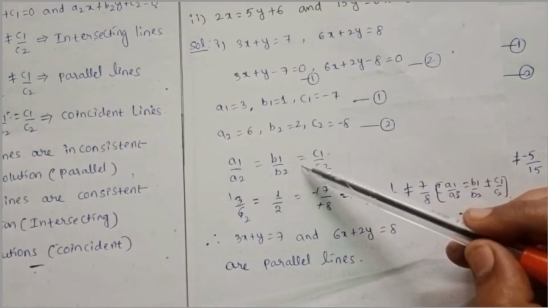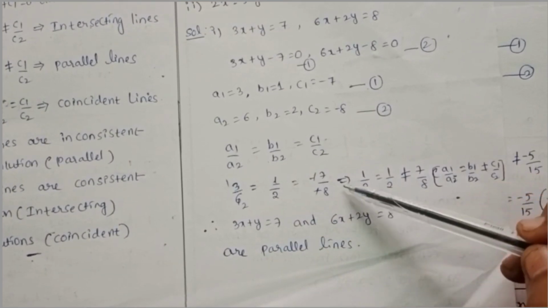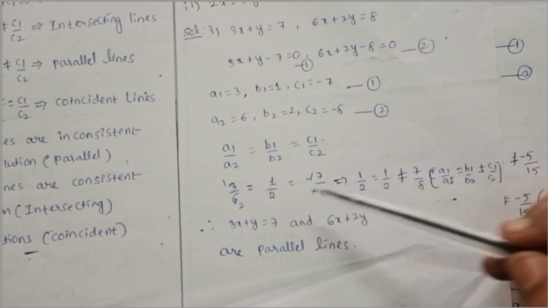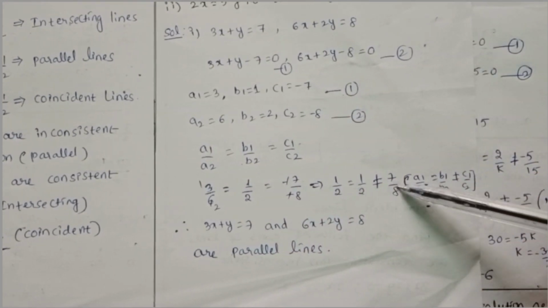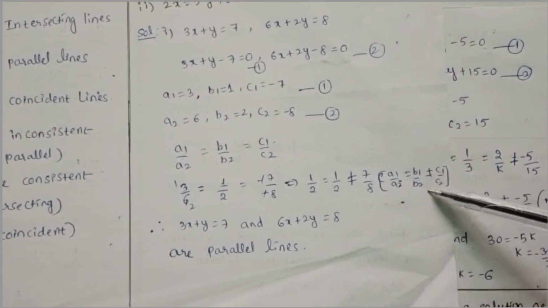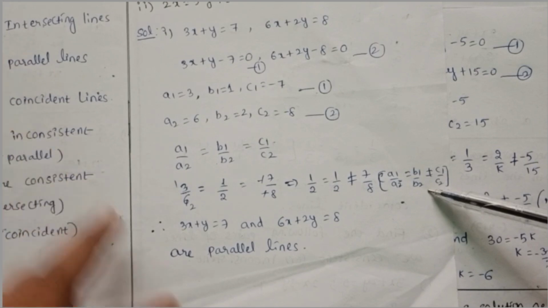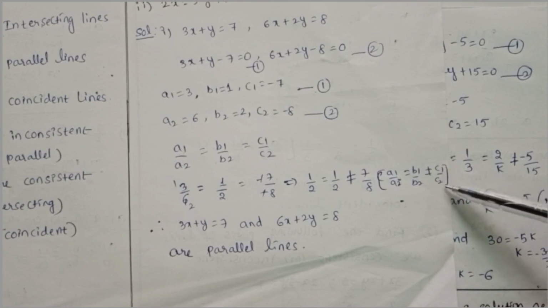Write a1 by a2, b1 by b2, c1 by c2. 3 by 6 is equal to 1 by 2 is not equal to minus 7 by minus 8. So that is 1 by 2 is equal to 1 by 2, not equal to 7 by 8. These two are equal, this is not equal. We can represent this as a1 by a2 is equal to b1 by b2 not equal to c1 by c2.